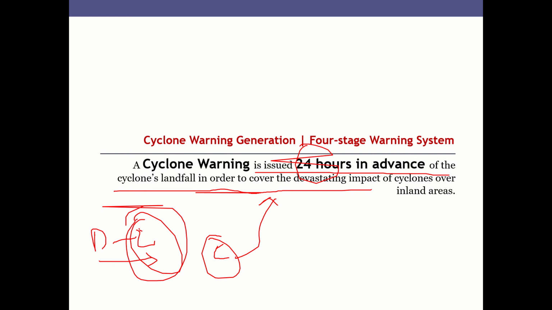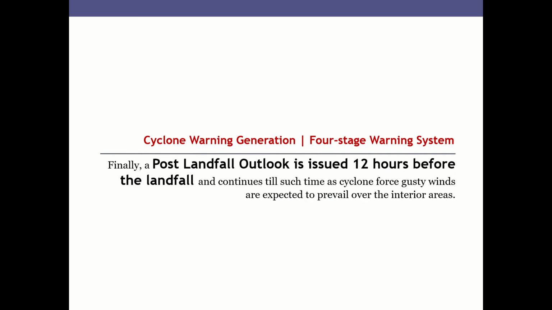So when the IMD observes that this depression has converted into a cyclone, a warning is sent 24 hours before such a storm. Finally, a post-landfall outlook is issued 12 hours before the landfall and continues until the time cyclone force wind is expected to prevail over interior areas.